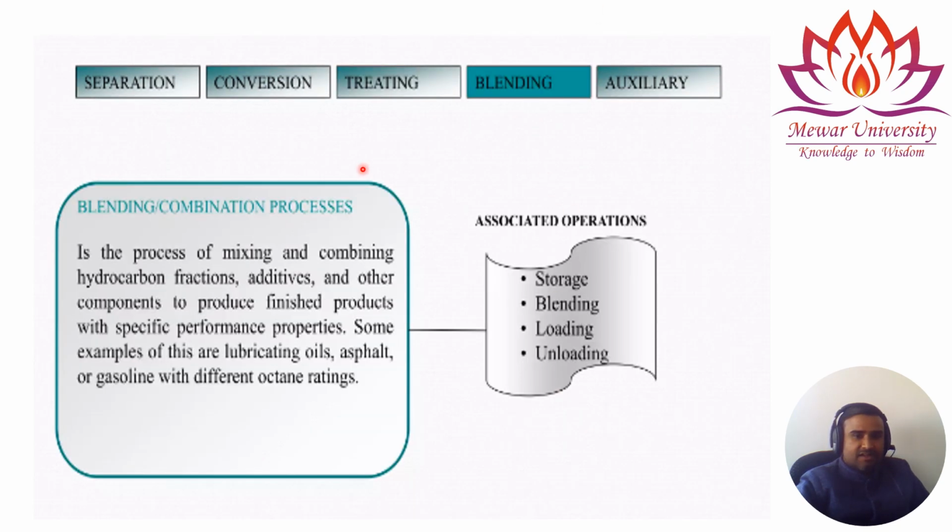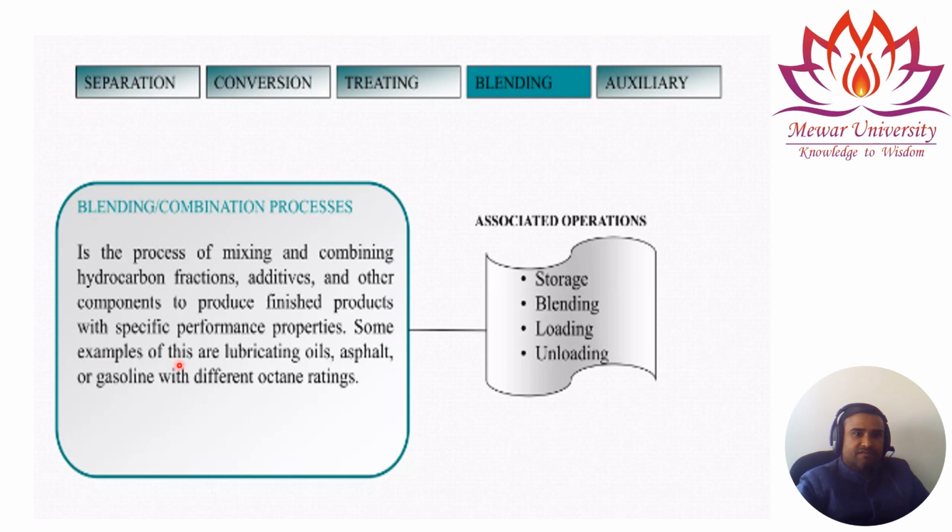The next step of the crude oil separation is blending. Blending means adding some new chemicals to improve the properties of the petroleum product. This is the process of mixing and combining hydrocarbon fractions, additives, and other components to produce finished products with specific performance properties.